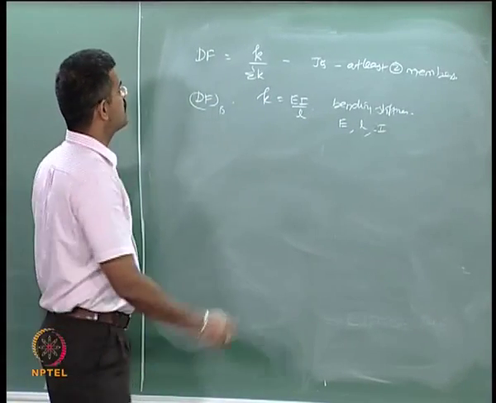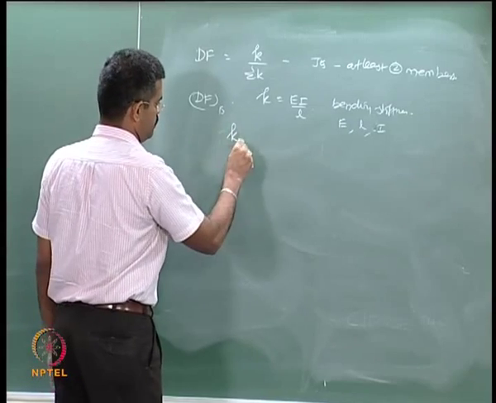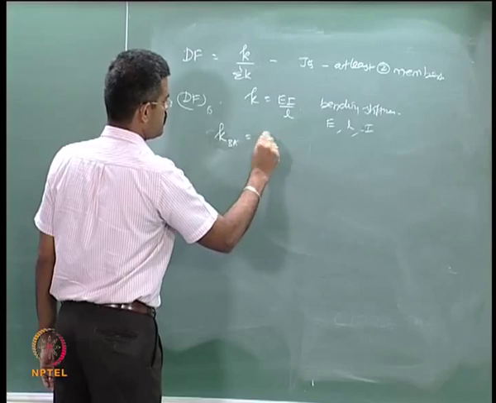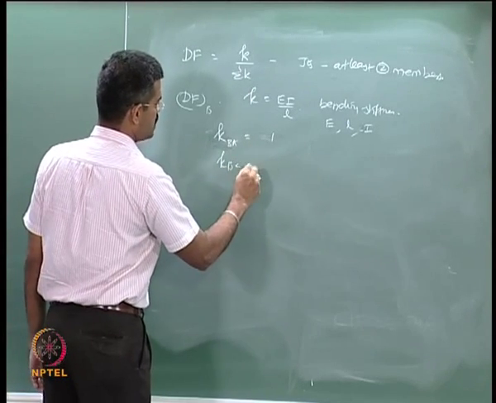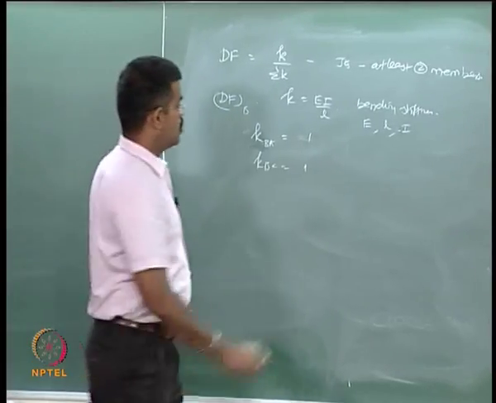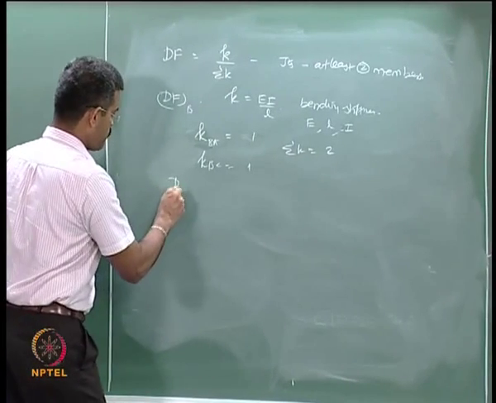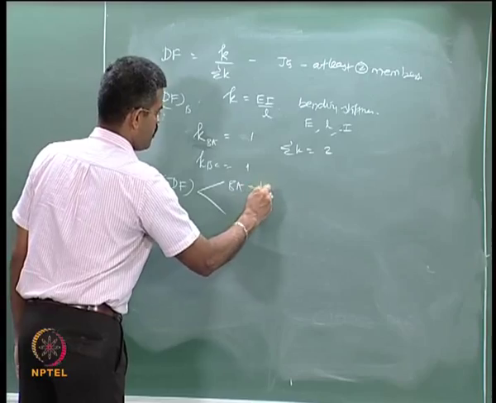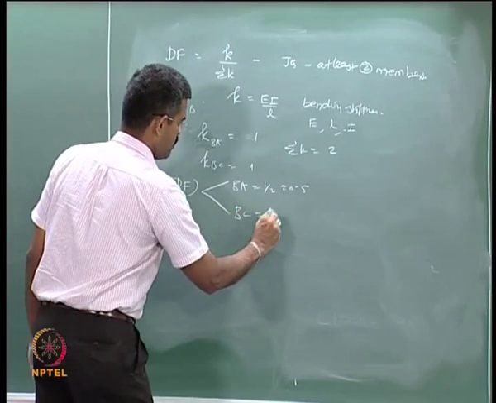So, I can simply say K of BA will be, let us say, 1, and K of BC will also be 1, that is EI by L. So, the sum of K will be 2. So, the distribution factor for BA will be 1 by 2, which is 0.5, and for BC is again 1 by 2, which is 0.5.